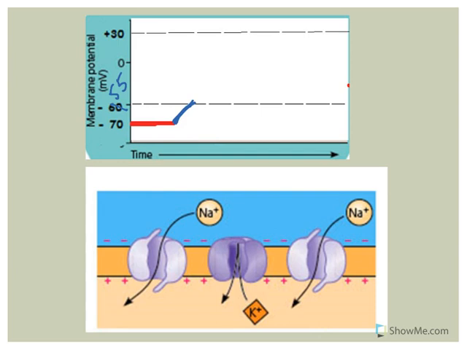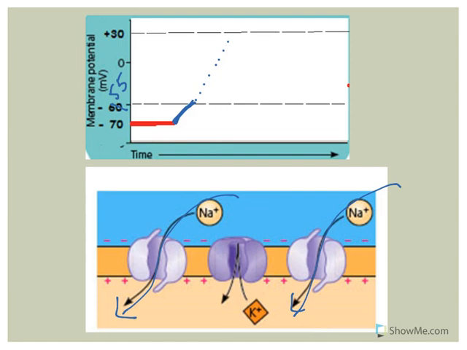And so the floodgates are open. And so you're going to have a mass movement of sodium into the cell, and with enough sodium going in the cell, we're going to actually end up getting to a positive value.